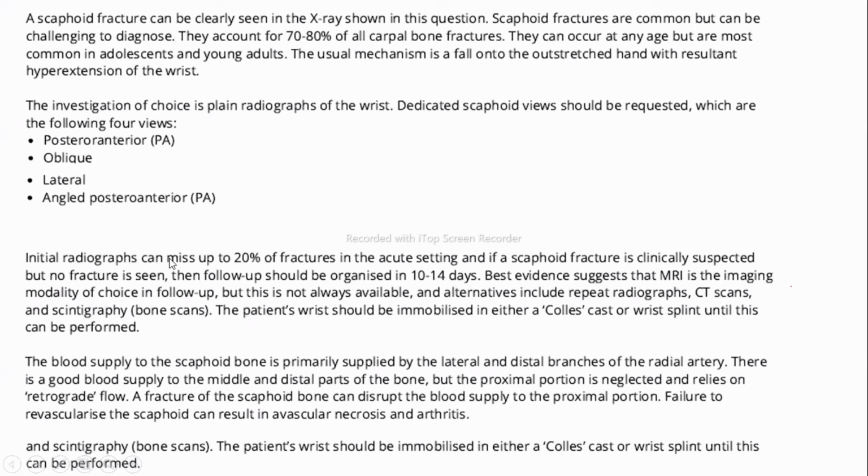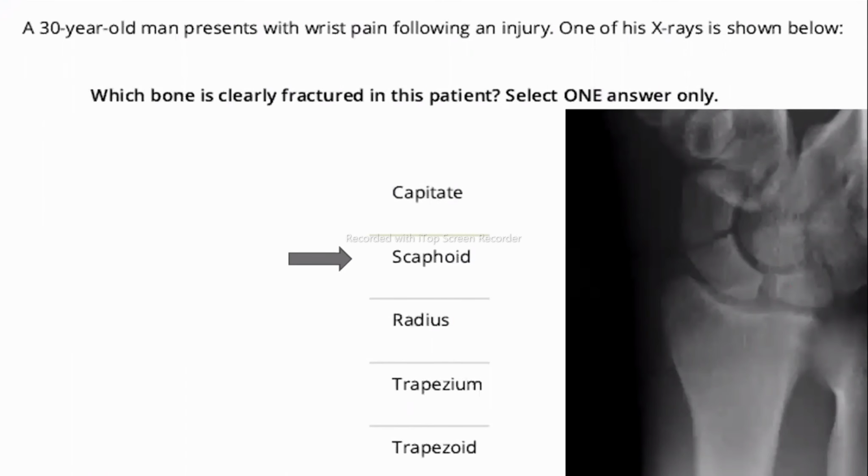Initial radiograph can miss 20%, so it's not good. So in the acute setting, a scaphoid fracture is clinically suspected. What does clinically suspected mean, guys? With presentation and by examination, without X-ray yet.